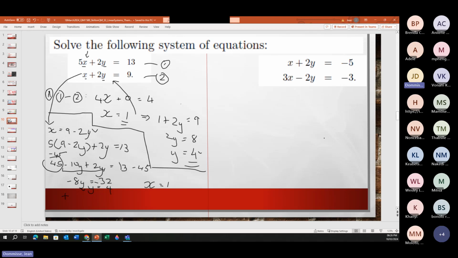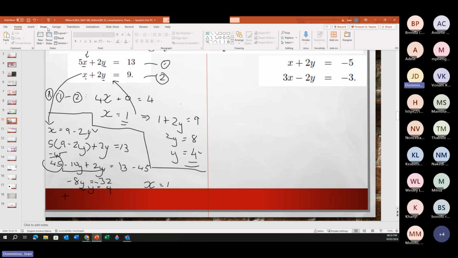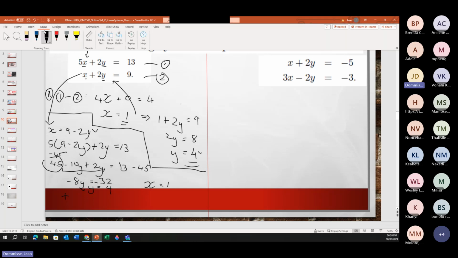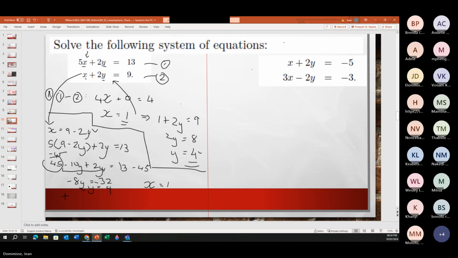Cool. So let's look at the second one. Now you guys can just start with it. You can use any method. You can check it on the online one as well.